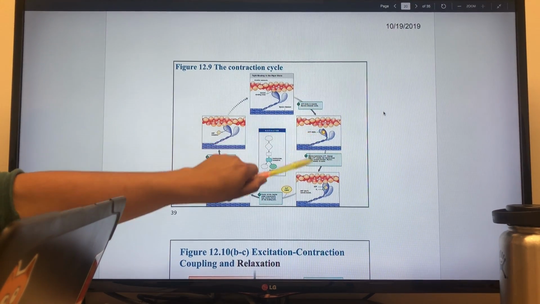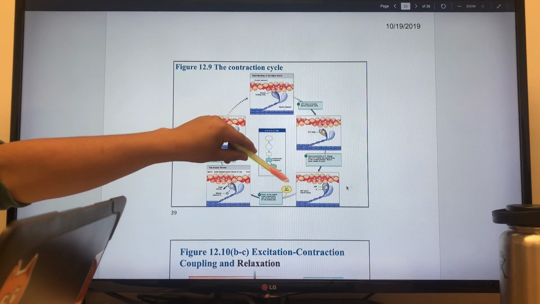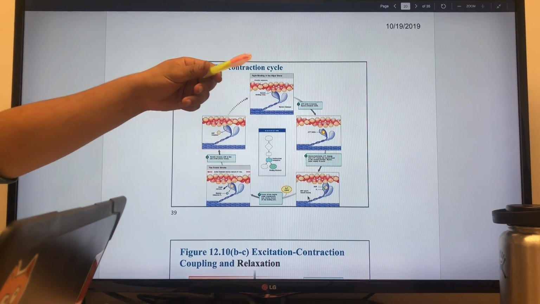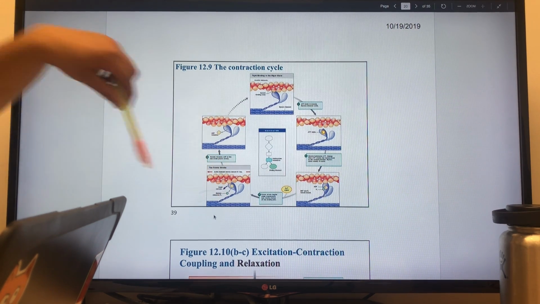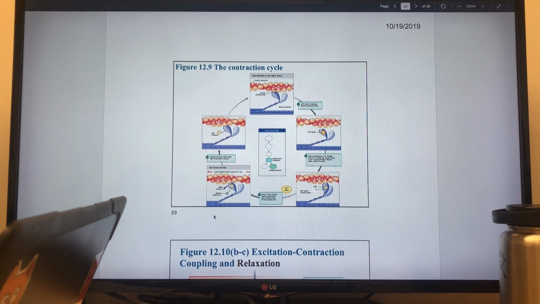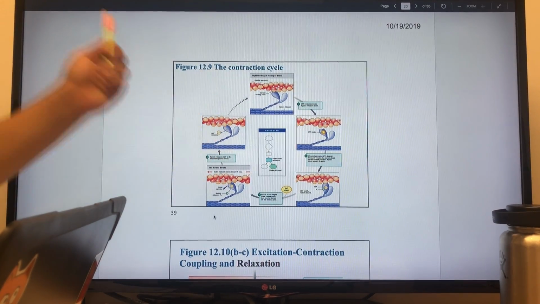And then when it's starting to rebind again, like you want to flex again, you still have the ATP bound there. So what happens is you're going to have calcium come in, and that gives a signal to the myosin to break off that phosphate, allowing it more energy to rebind back to the actin, and then it's bound to the actin, then you have ATP.